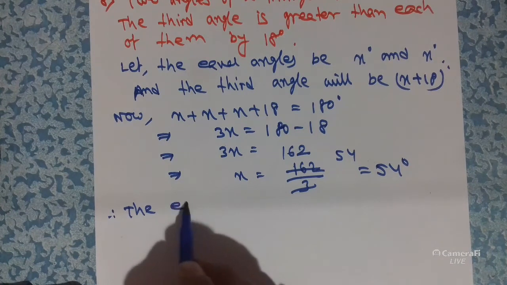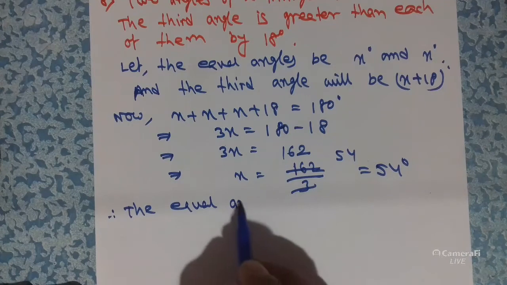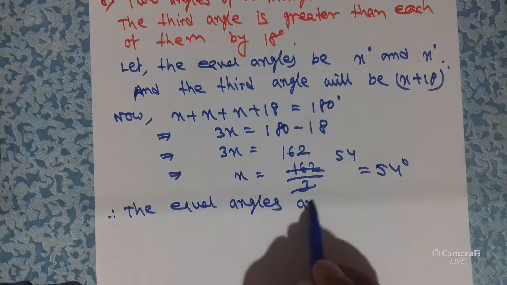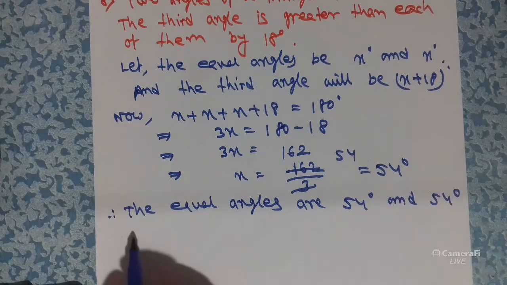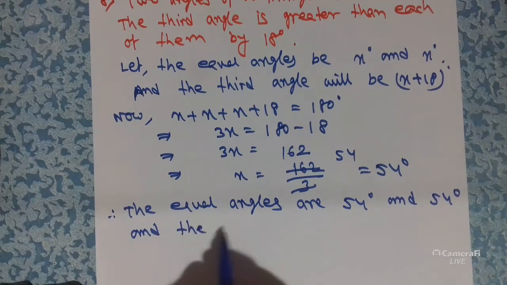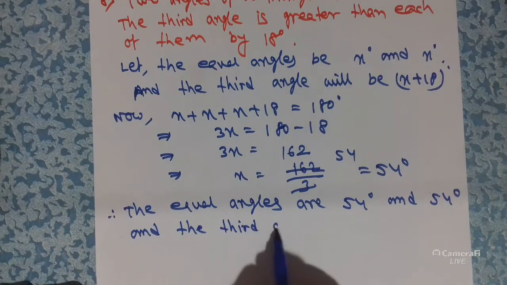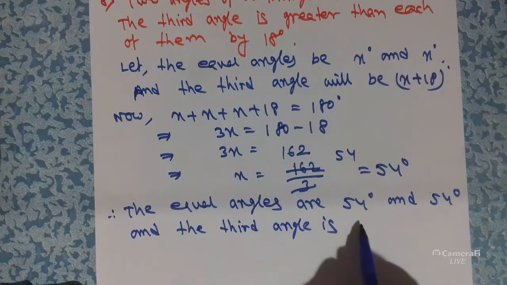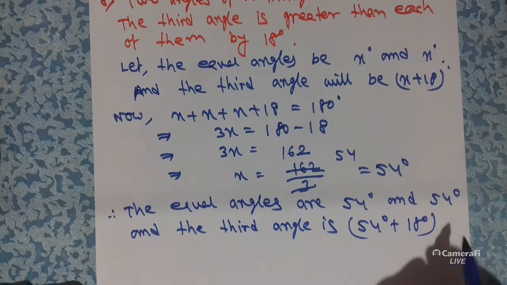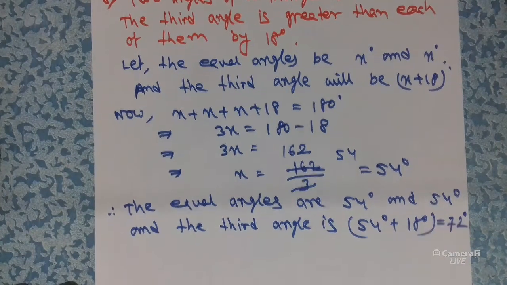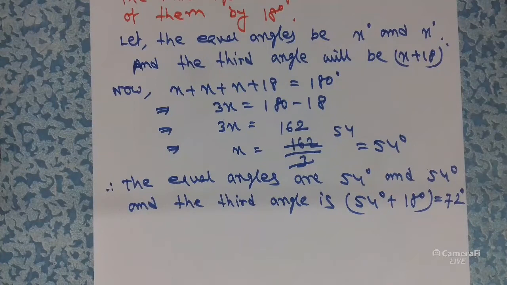Therefore the equal angles are 54 and 54, and the third angle is 54 plus 18, because it is 18 degrees more, so it will be 72 degrees. Understood, students? Next problem.